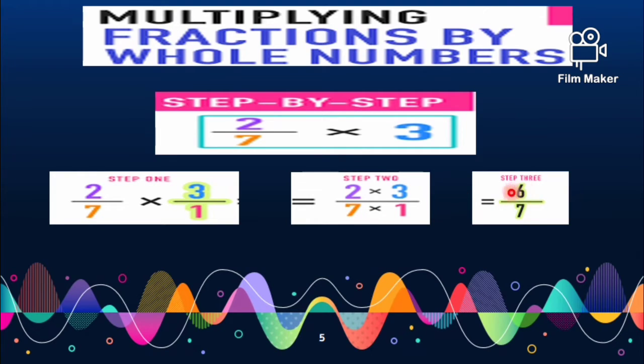Now 6 by 7 is a proper fraction, and it is also in the lowest term because we cannot divide the numerator and denominator by the same number.